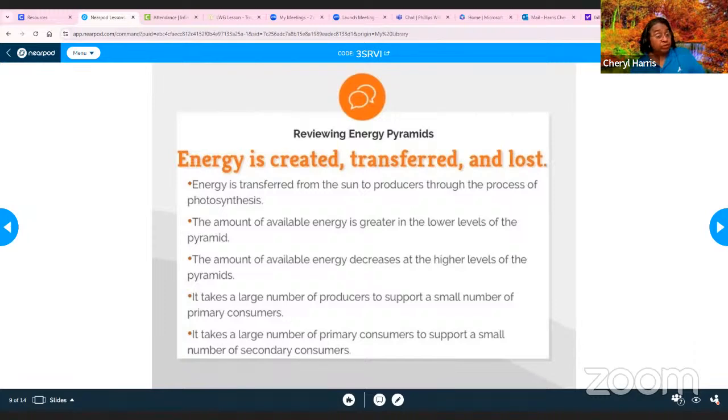When we talk about food pyramids, we're more specifically talking about the energy transfer as opposed to the feeding relationship. But when you draw a food chain or a food web, the arrows also indicate energy transfer.